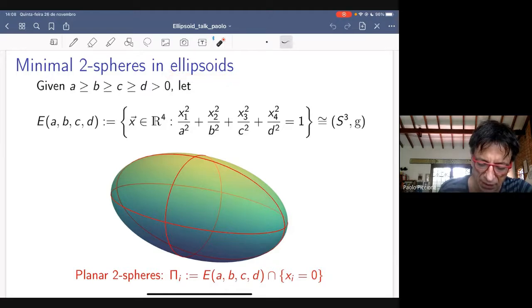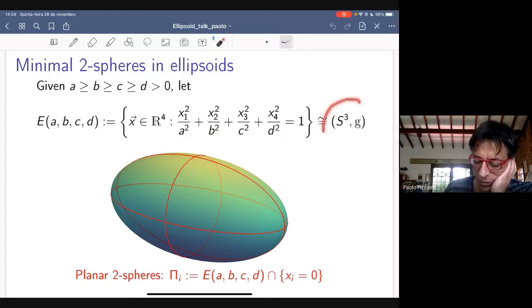So an ellipsoid is a 3-dimensional object that lives inside R4. If you fix 4 positive numbers, A, B, C, and D, then you can take the set of points of R4 whose coordinates satisfy this equation here. So this is a 3-dimensional ellipsoid with the axes A, B, C, and D, okay?